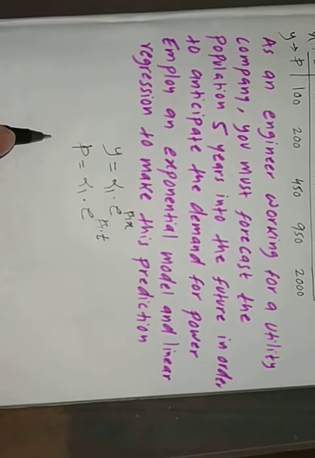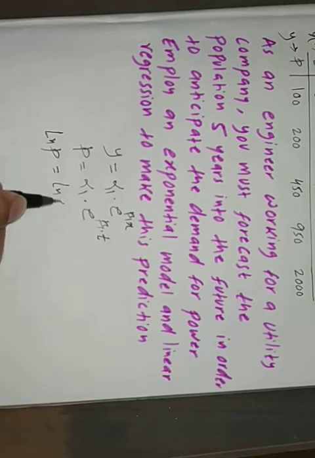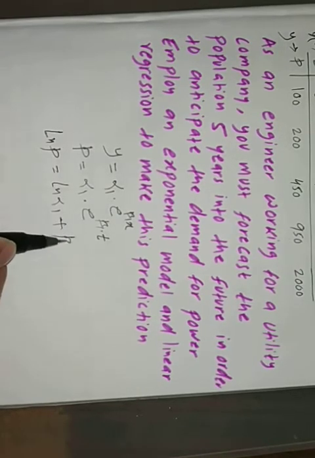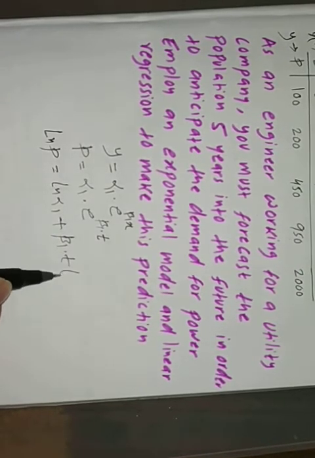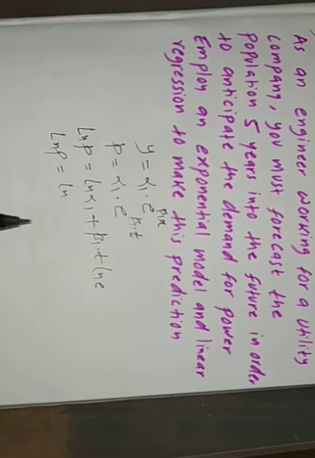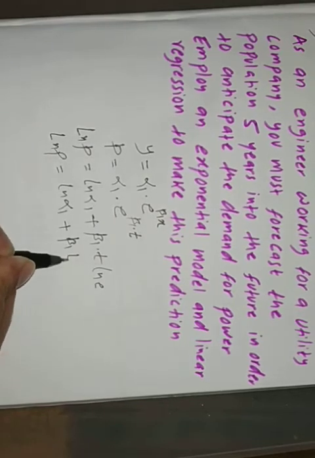Take natural log of this equation. ln of P will be equal to ln of alpha 1 plus beta 1 into t ln of e. This will become 1. So our equation is ln of P is equal to ln of alpha 1 plus beta 1 t.